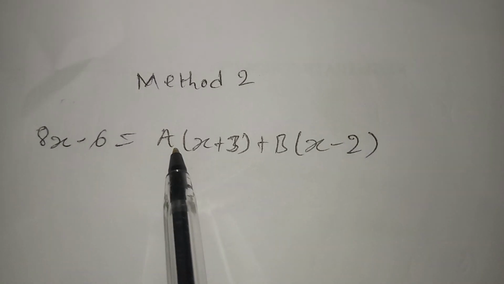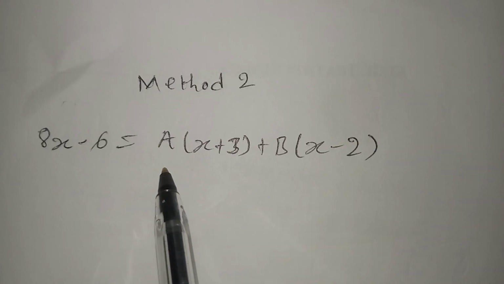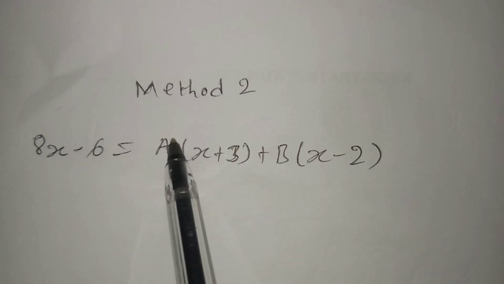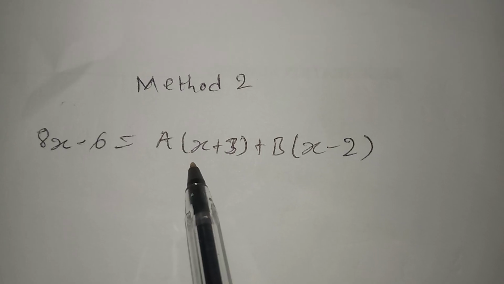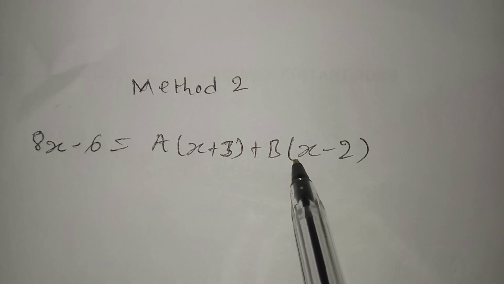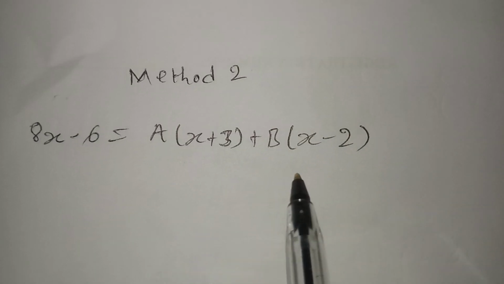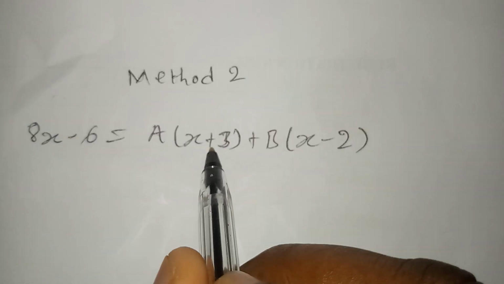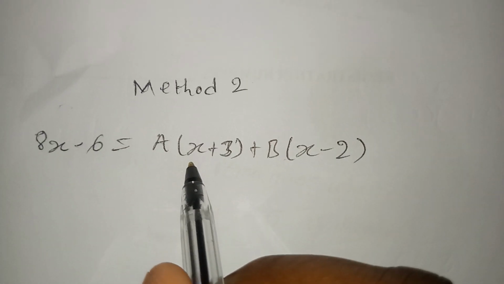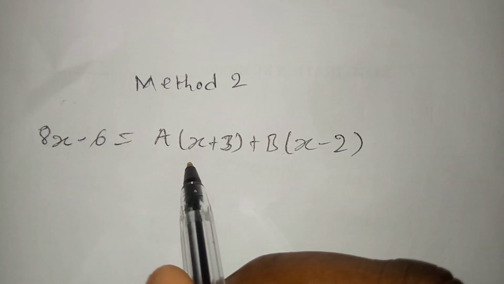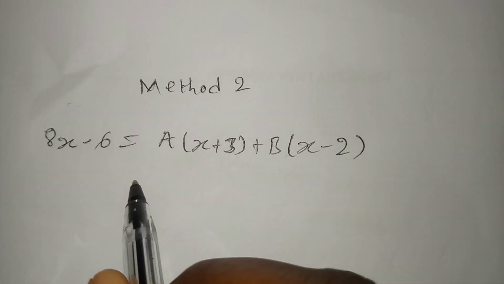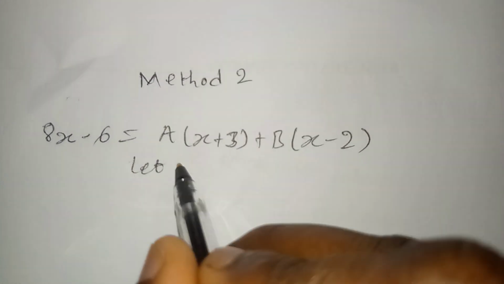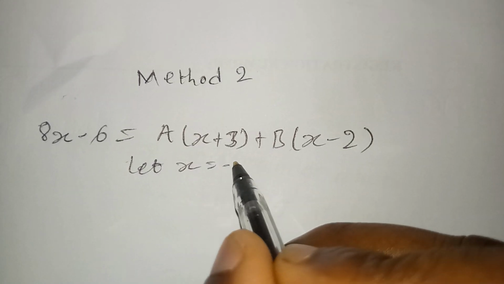If you want to get rid of A, then we must substitute a value for x that will make this term zero, so that we can find the value for B. To keep B in the equation, we must make A vanish. So we let x be equal to negative 3.